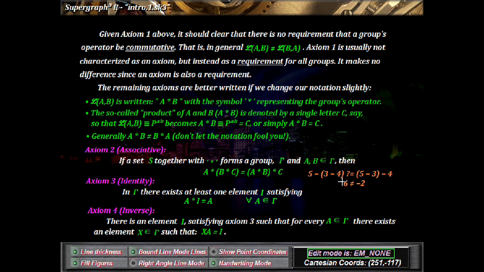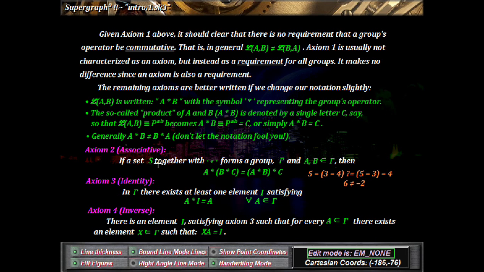And so therefore subtraction is not a valid operator for a group. Okay? You cannot use subtraction as a group's operator because it doesn't agree with axiom 2. Okay, next axiom. In a group, gamma, I call it gamma.